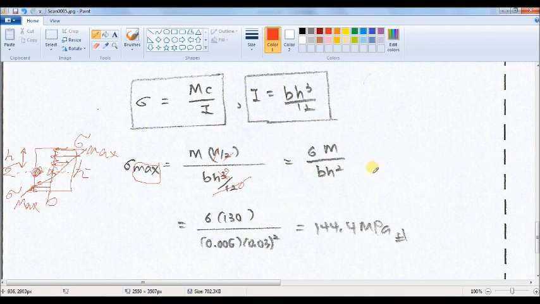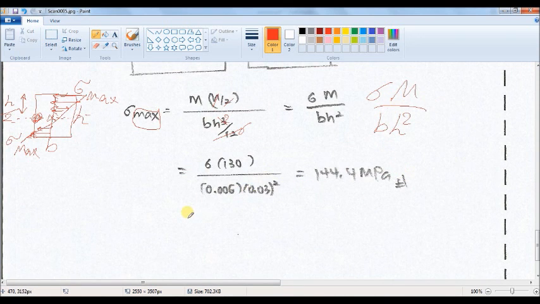So we will simplify the equation to 6M divided by bh squared for the rectangular cross section, and then we will substitute 130 the moment arm, b is the width of the cross section, and as I told you, h is the height of the cross section, which is 30 millimeters. So the maximum axial stress due to the bending is 140 megapascal.